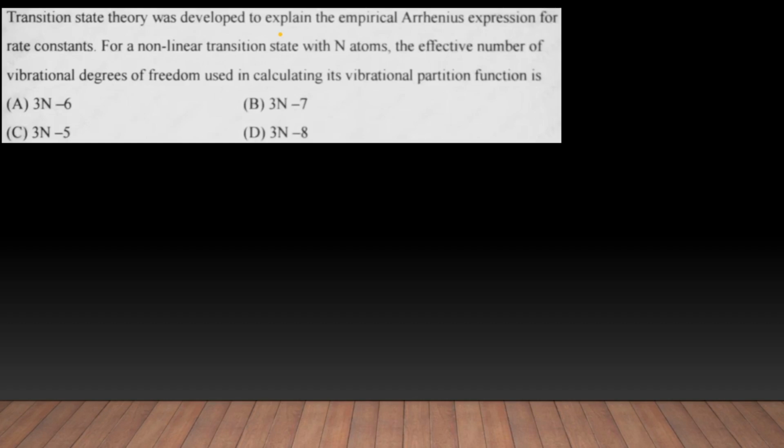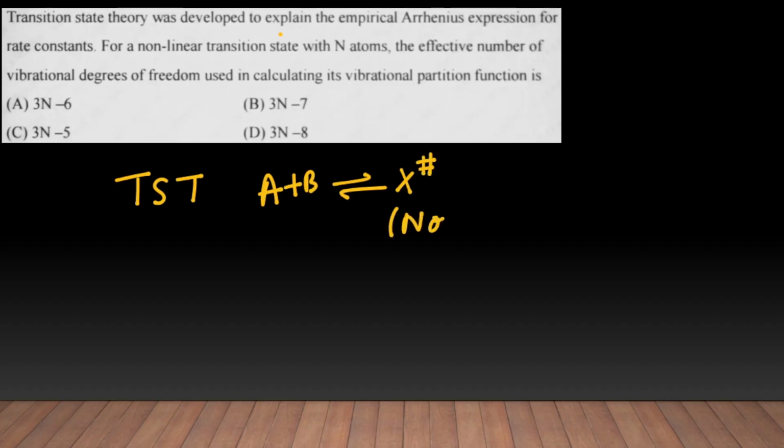According to the transition state theory, the reactant molecules are in equilibrium with the transition state. Now they are saying a non-linear transition state has been developed here. To discuss this theory, you use two approaches, thermodynamical and statistical, and in the statistical approach you find the partition functions.